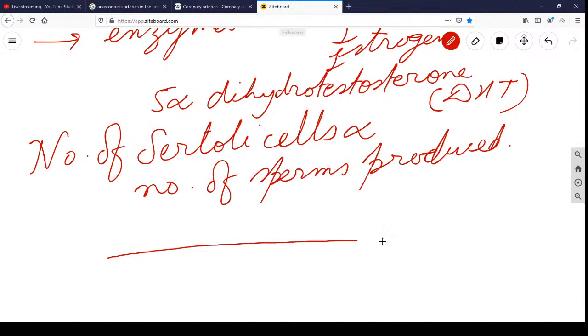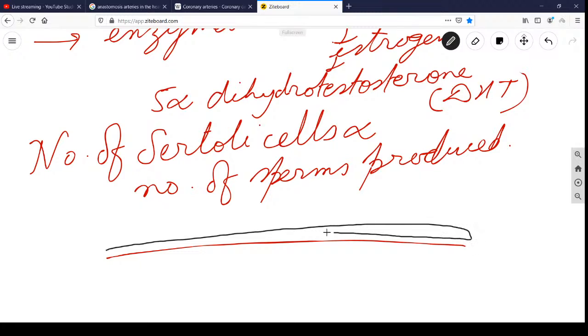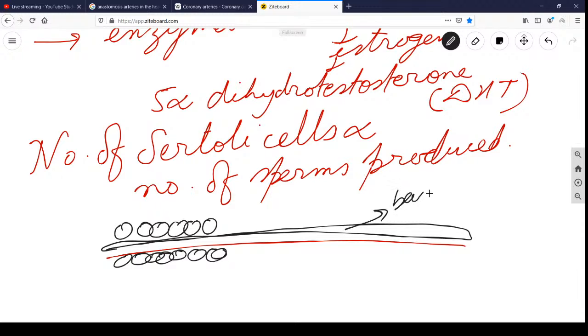Why? Suppose this is the seminiferous tubule, so here you will have a layer of basement membrane, because this basement membrane will connect the epithelial cells present here to the connective tissue cells. That is the role of the basement membrane.